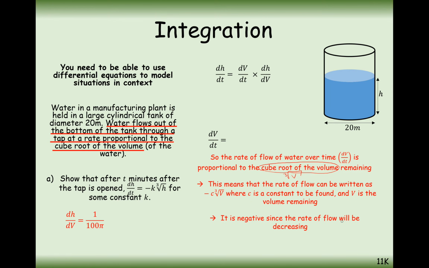It is negative since the volume is decreasing. So in this case, dV by dt is equal to minus c times the cube root of V. Don't get this c confused with c being cubed. C is not being cubed here, it's just that V is being cube rooted here.